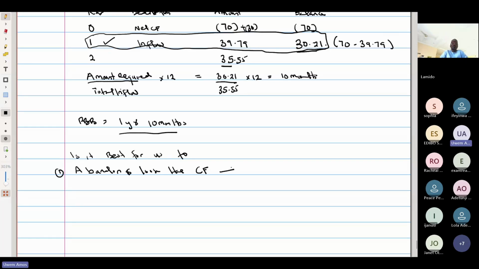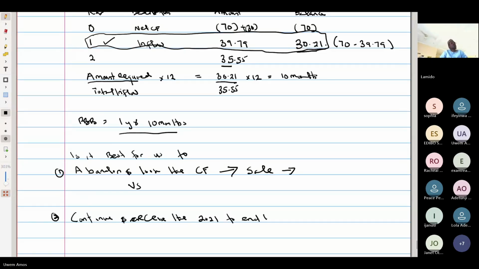If we abandon, definitely we will sell the asset. So we need to determine how much we are going to sell the asset for, versus continuing and receiving the 2021 to end benefit. That's what the question is about. We're going to go for the option that is better.